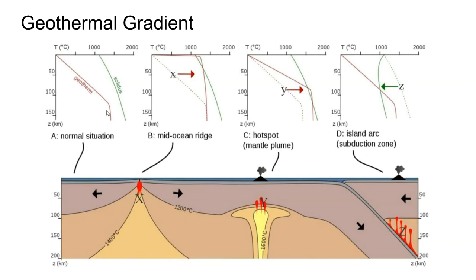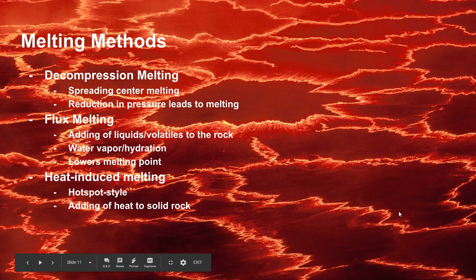You can get metamorphism, which we'll come back to in a couple of weeks, but you're not going to get actual melting of rock unless you have a really high ramping up of temperature at a shallow depth, such as a mid-ocean ridge, or a hotspot situation where you get really hot mantle material at a shallower depth, or if you add water to the rock, in which case you hydrate it and you end up with partially melted, I should say, upper mantle rock above the subducting plate.